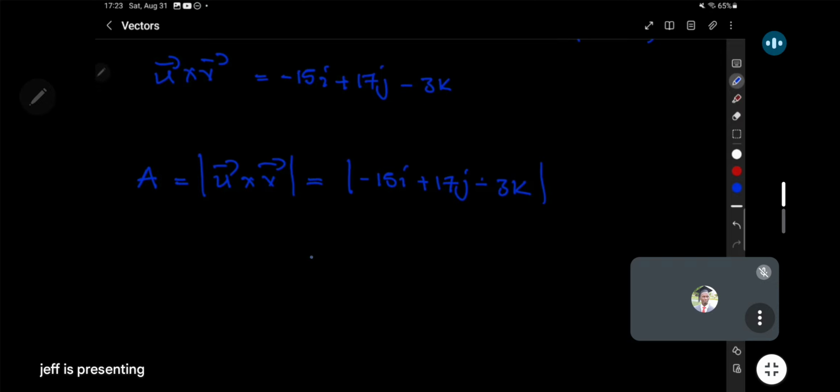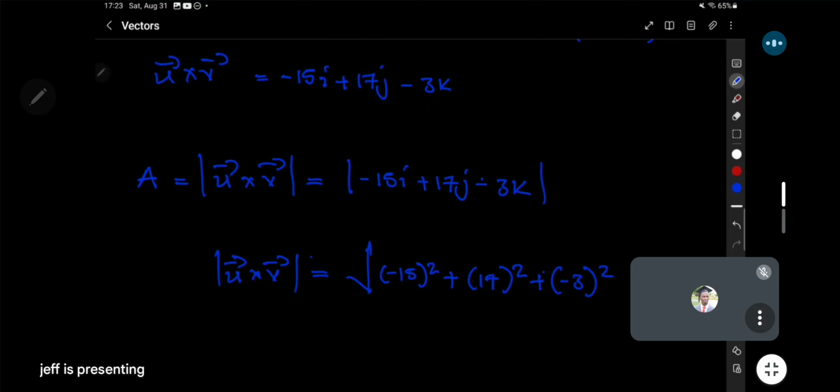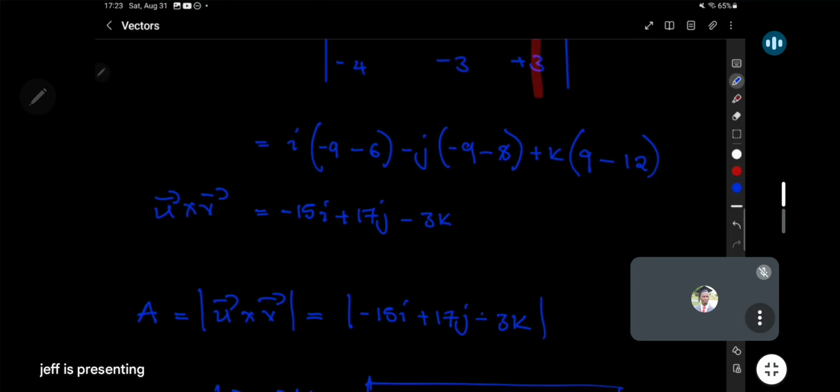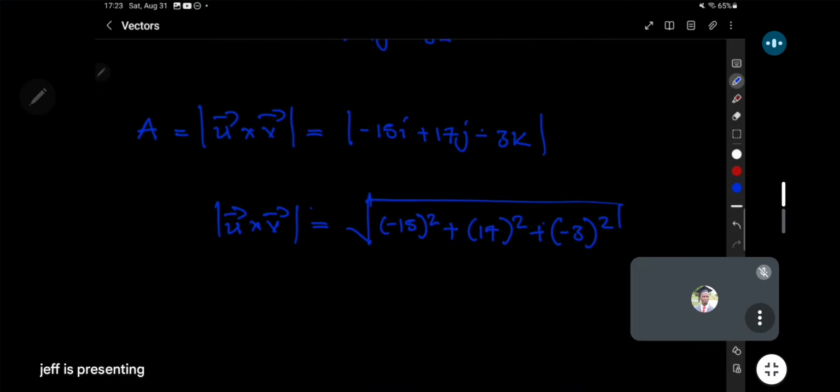U cross V, just the magnitude, will be equal to the square root of minus 15 squared, 17 squared, and then minus 3 squared.